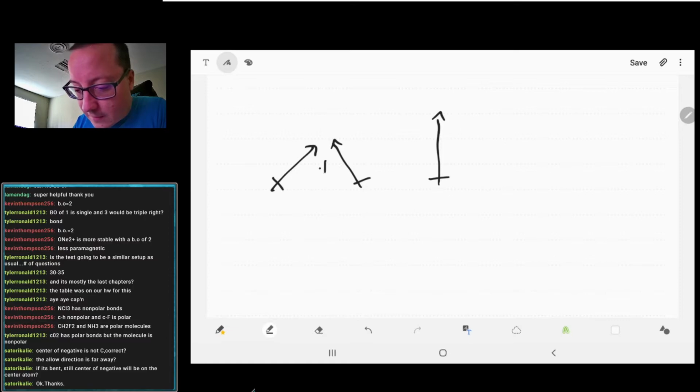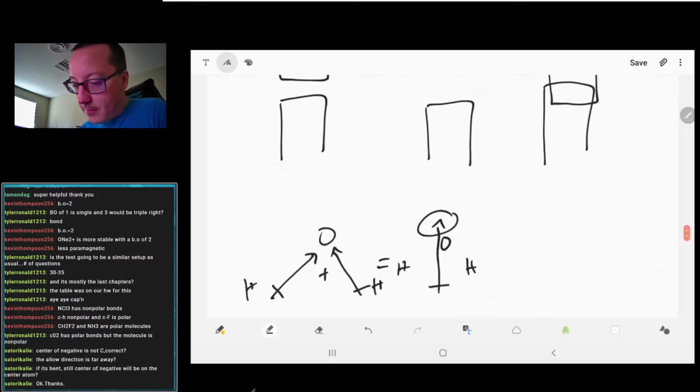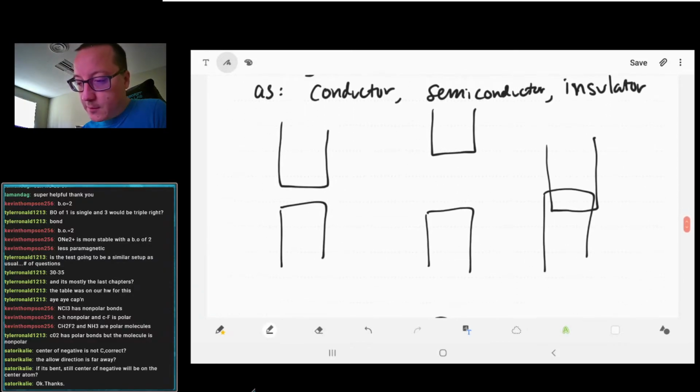If we add these two up, we end up with something like this, right? And so that's why the center of negative part is going to be a little bit higher. So a little bit higher than the oxygen, technically. And the positive will be a little bit lower than the hydrogens. So that's why. Okay. But that being aside, identify these for me.